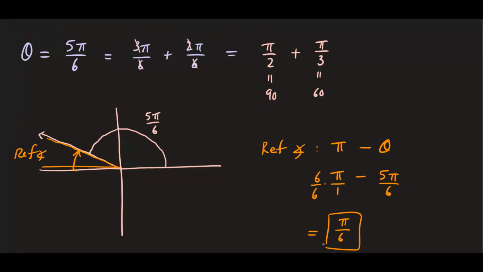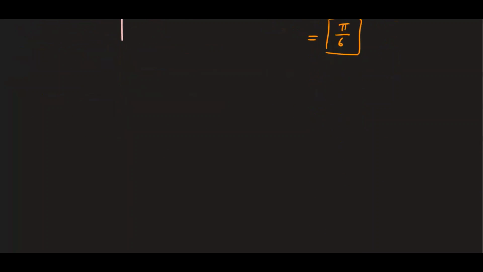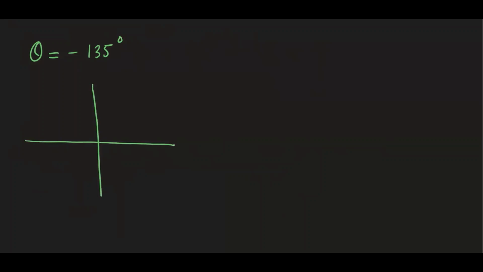Now let's do one last example. Let's find the reference angle for theta equals negative 135 degrees. Well, negative means you're going clockwise. So here's our XY plane.